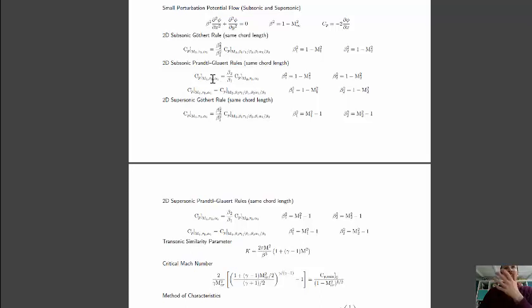So in this rule, you're not going to be changing the shape of the wing at all. The shape stays the same, the thickness to chord ratio stays the same, and the angle of attack at which you're going to be comparing the Cps stays the same. So it's pretty easy, really.